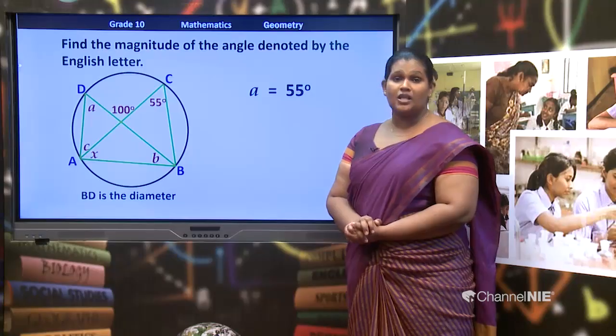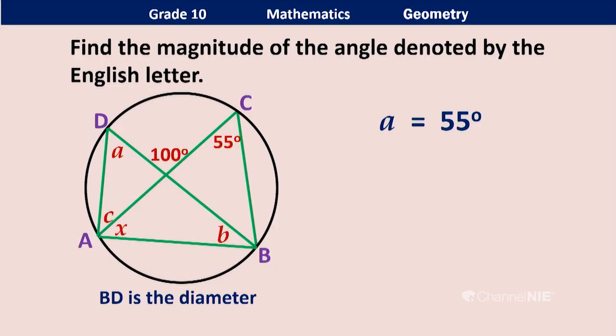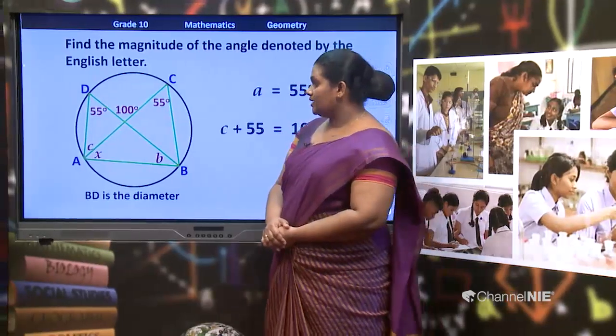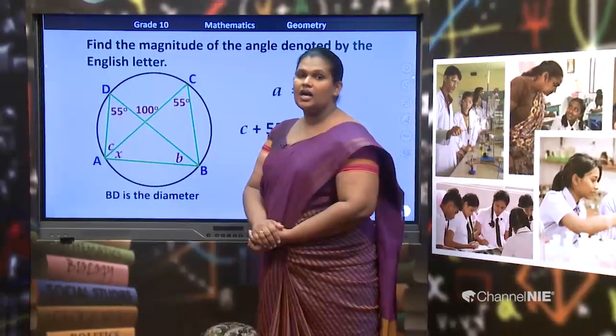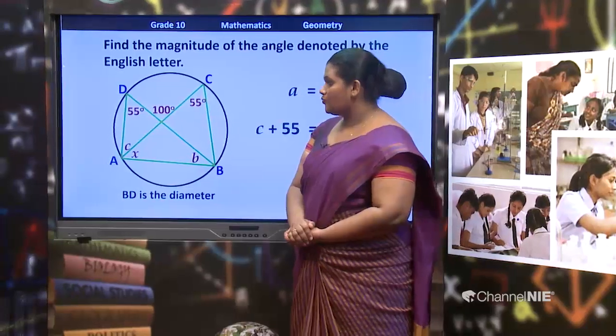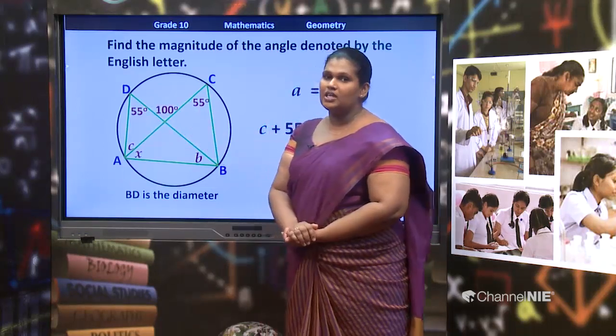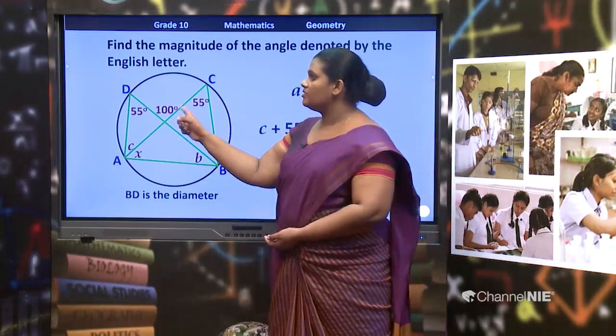Right. Now, we have got the value of A. We have to find the value of another 3 letters. Those are B, C and X. Next, we will find the magnitude of C. Here, when we consider this triangle, this angle is 100 degrees. Therefore, we can say C plus 55 degrees should be equal to 100 degrees.